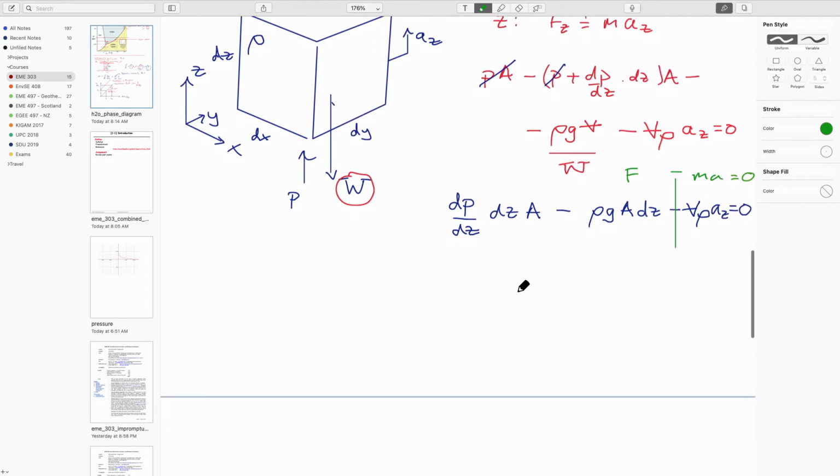And if we simplify it just by dividing through by volume, we should end up with dP/dz minus rho g minus rho a_z equals 0.